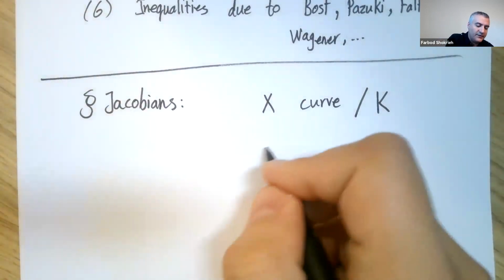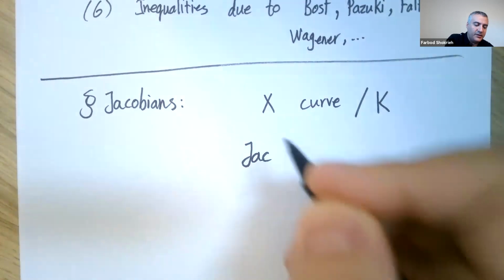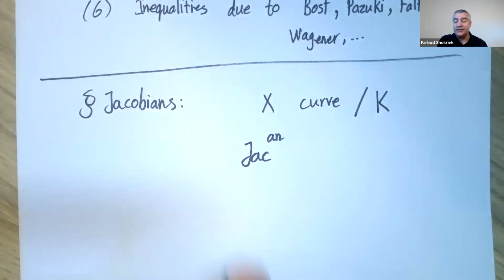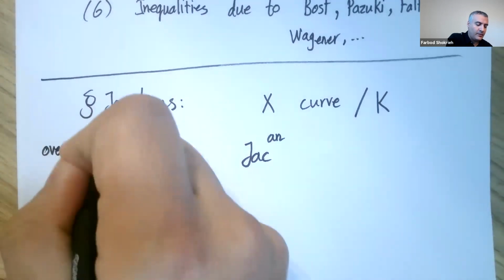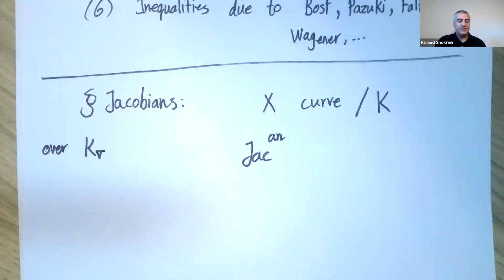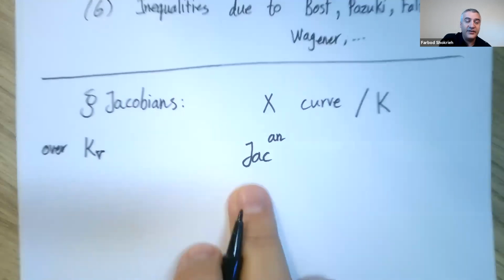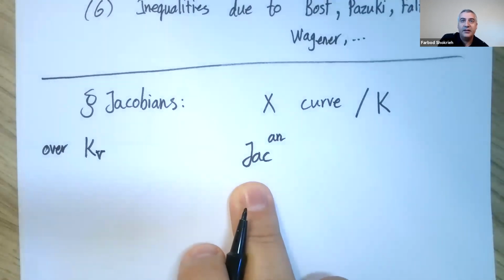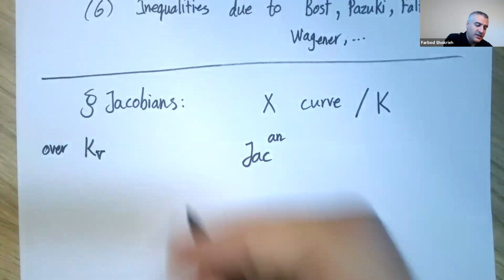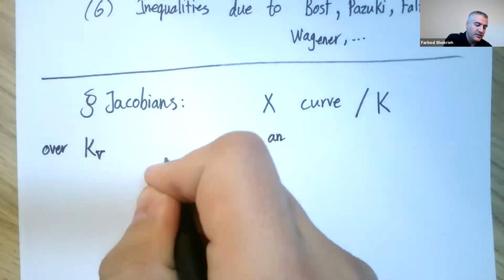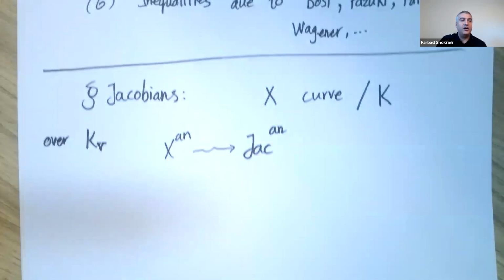So first of all, the abelian variety I'm interested in is the Jacobian, and over a place, what I care about is the analytification of that Jacobian. Remember, the lattice that I have to study is the fundamental group of that analytification. And of course, you can also analytify your curve.